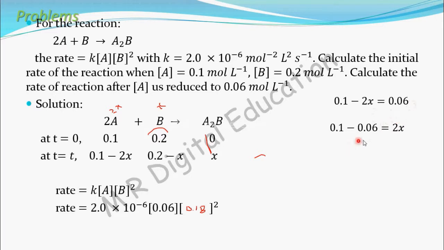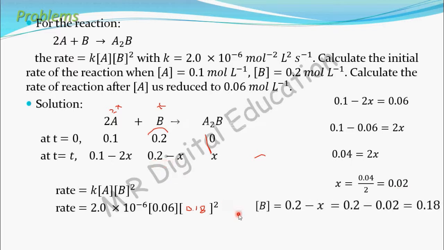Now 0.1 - 0.06 equal to 0.04, that equals 2x, and x equals 0.04 by 2, that equals 0.02. Now you know the value of x, then you can find the concentration of B remaining, that is 0.2 - x. Concentration of B equals 0.2 - 0.02, that equals 0.18.